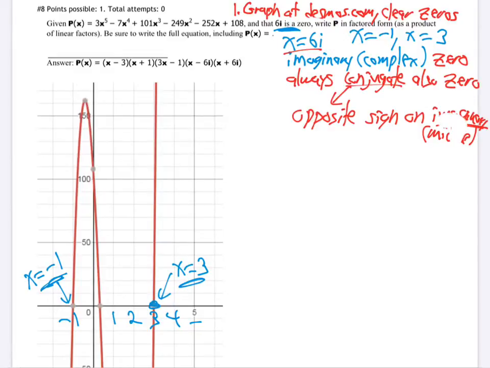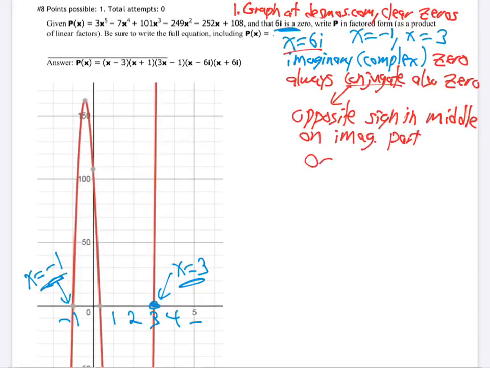Sorry, I'm getting a little scribbly there. Opposite sign in the middle on the imaginary part. So if we have 0 plus 6i, that's really how you would write it out.